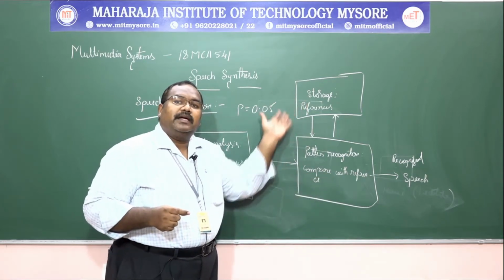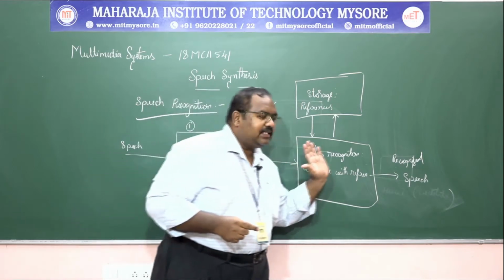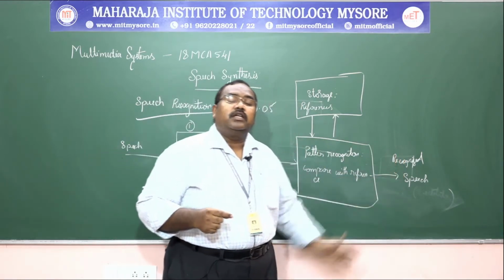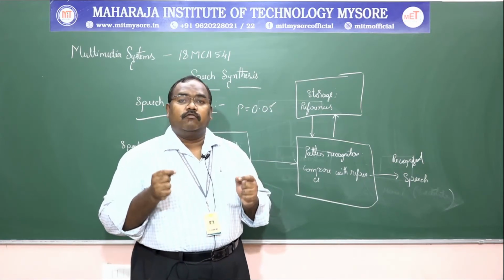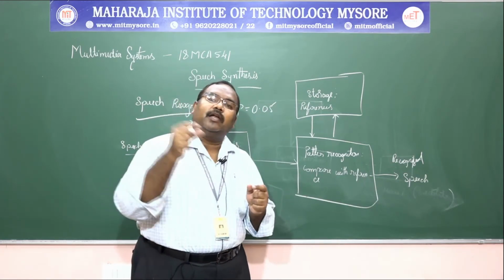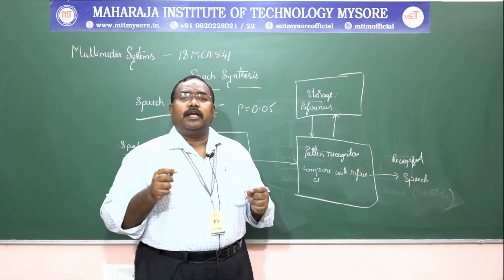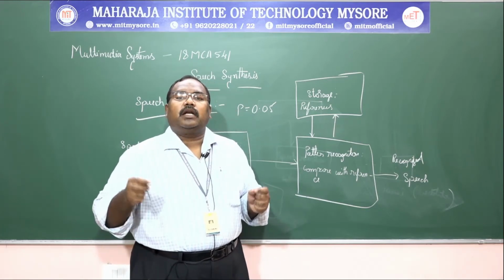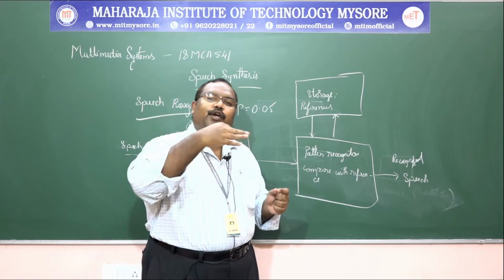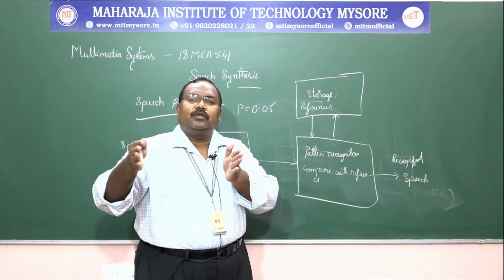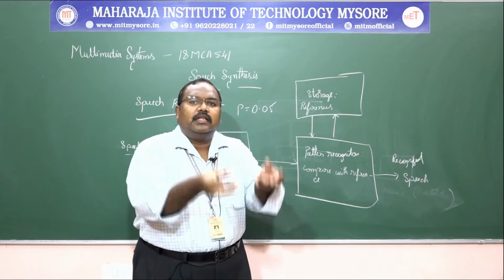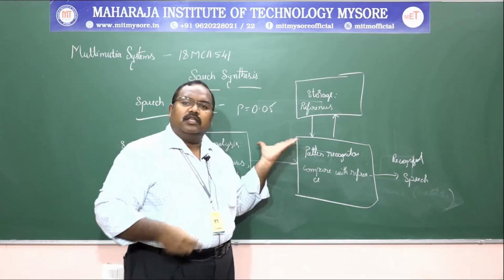When it is able to make a reference, then it would be sent as recognized speech, because in speech recognition there might be a lot of distortion. When you call it distortion, noise might be intruded. This noise might not be intentionally intruded, but unknowingly it might have been introduced into the signal. So we need to eradicate those things and take only the speech, and this is how speech recognition would happen.